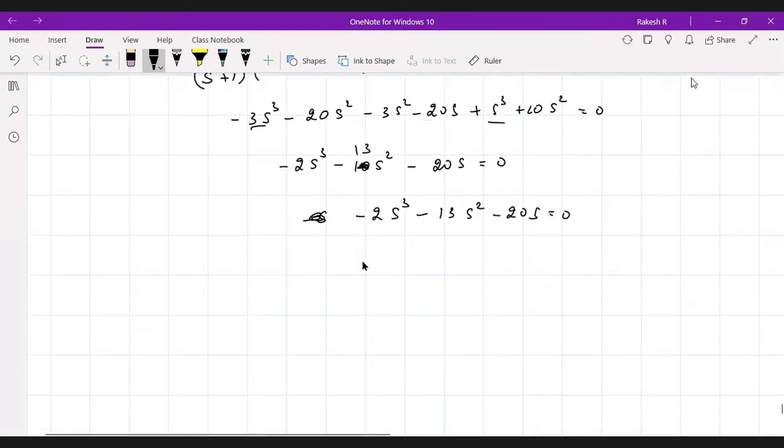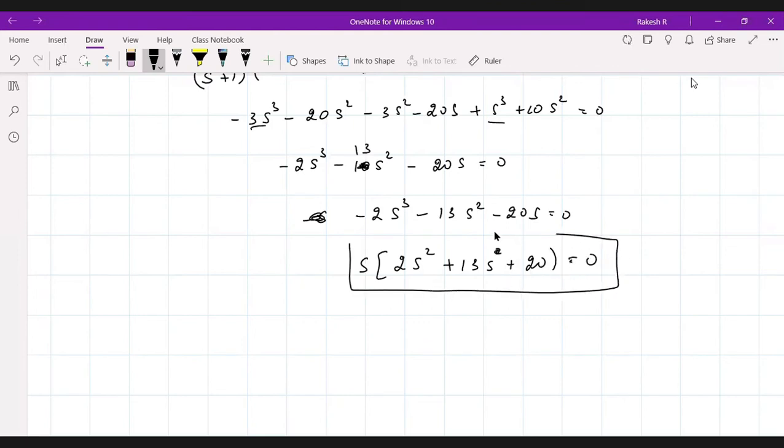Or else I can take s common, that is 2s square plus 13s plus 20 equals 0. We obtained this equation here.